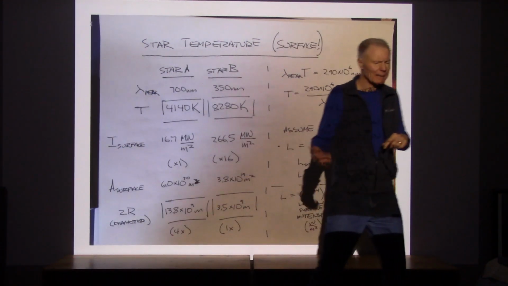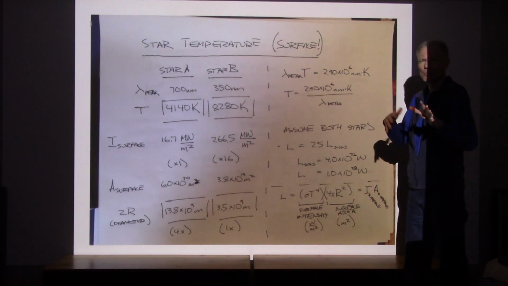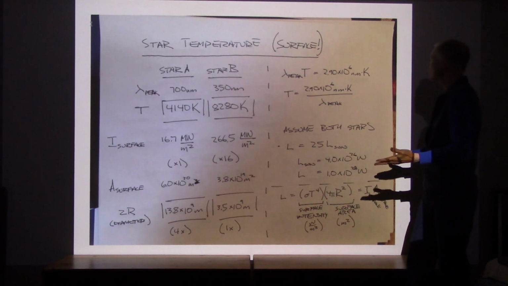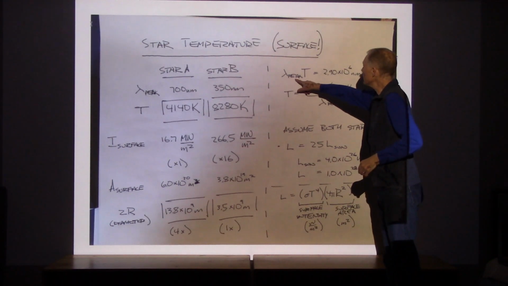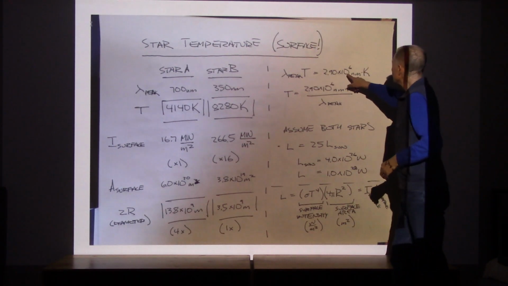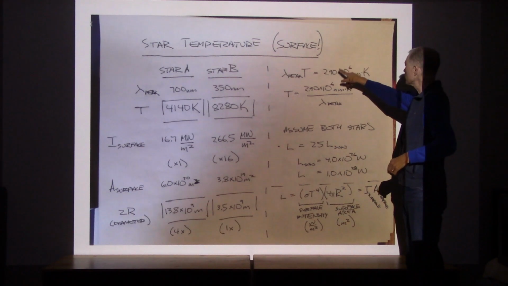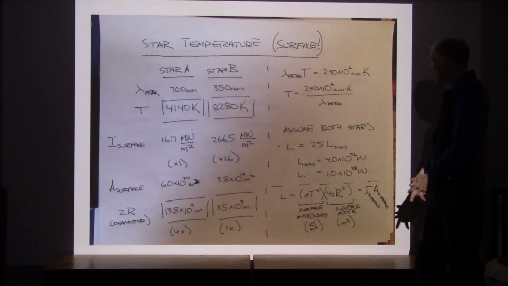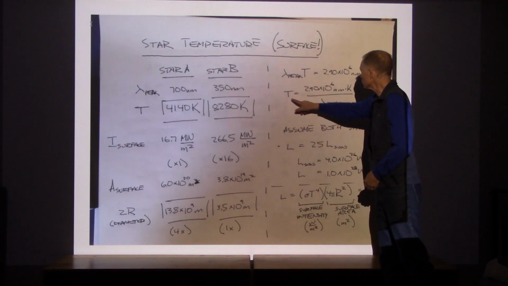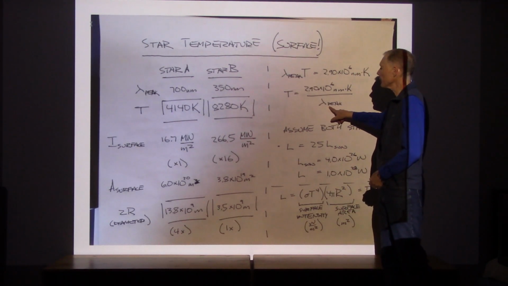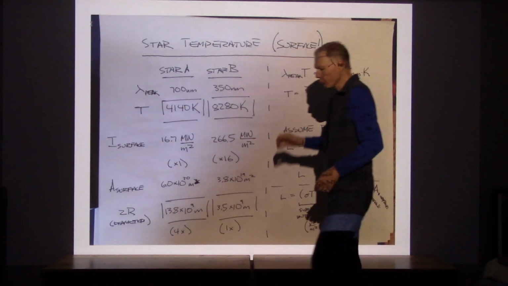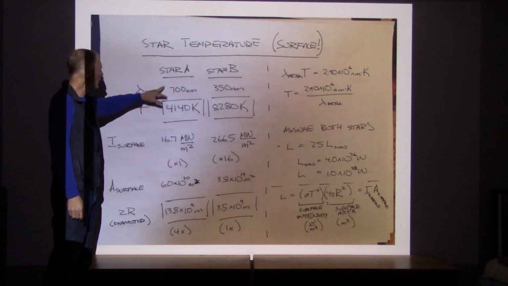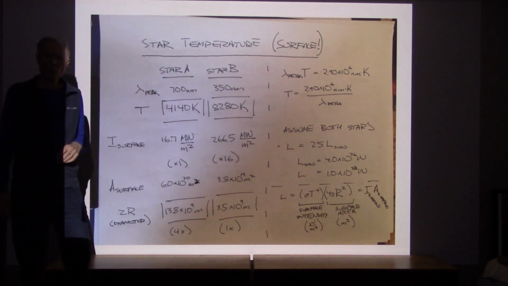And then we look back into chapter 37 and we go, oh yeah, we did this with the Planck radiation distribution function. Peak wavelength times temperature is this constant value of 2.90 millimeter Kelvin. So I can turn that around and solve for the temperature in terms of the peak wavelength, and I've used that formula in this example to determine that for star A, surface temperature is around 4,000 Kelvin.